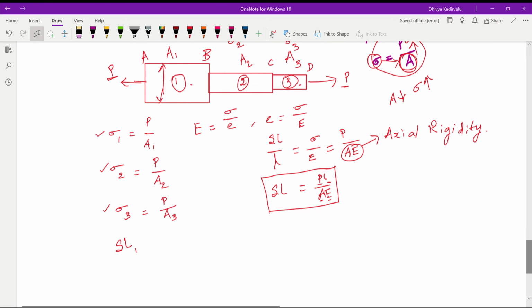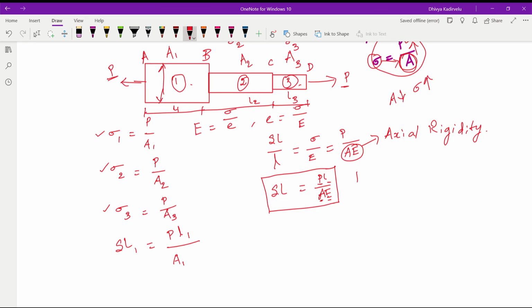Del L1 is equal to P, the load. All the three sections are applied to the same amount of load. So P, and consider the length of this portion is L1, and the length of the second portion is L2, and length of the third portion is L3, right? So L1 divided by area of the first portion A1, and I am considering all the three portions are made up of same material.